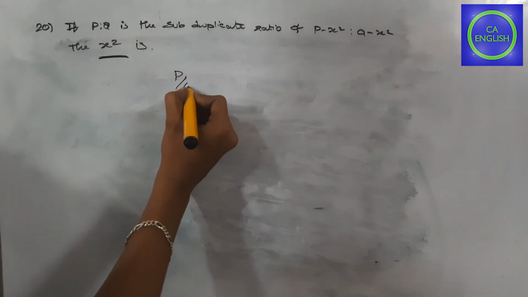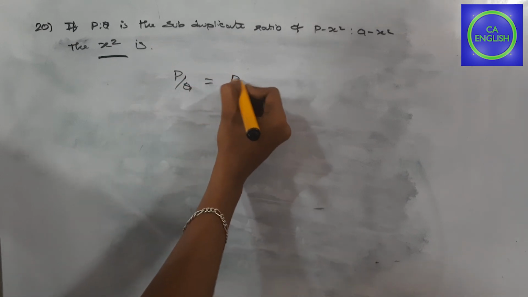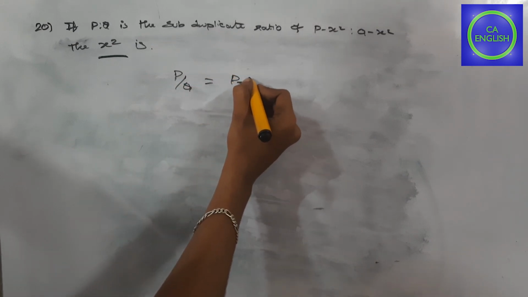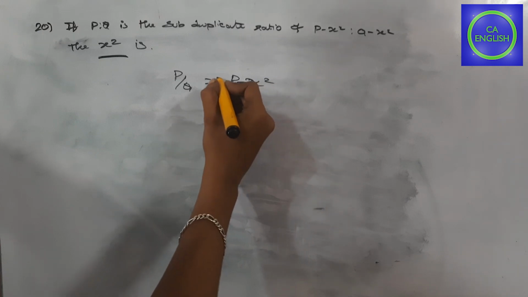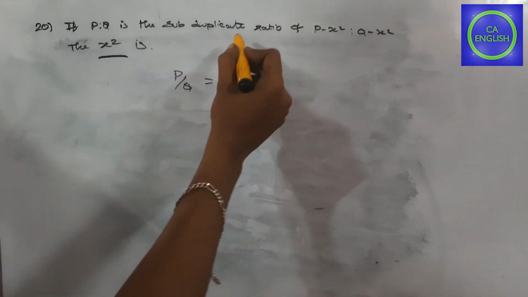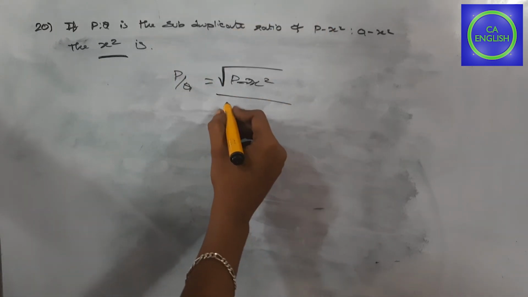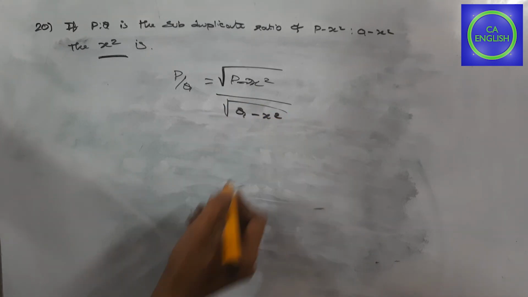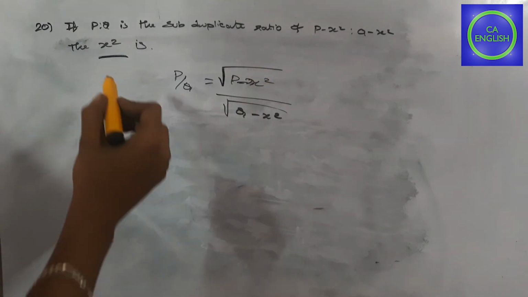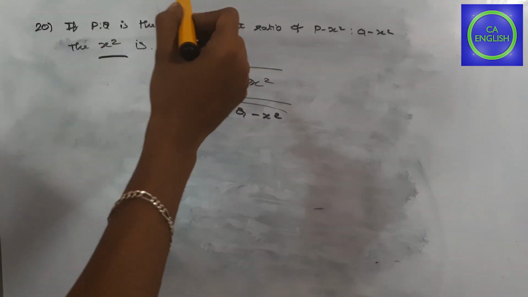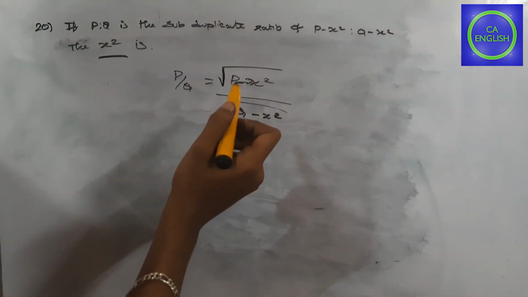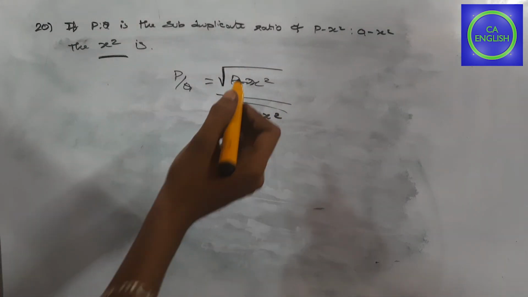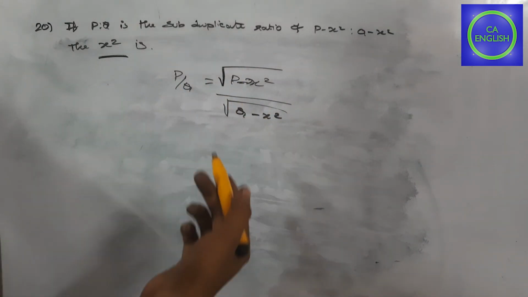P divided by Q equal to the square root of P minus x square, because it is a subduplicate ratio, over the square root of Q minus x square. Why we are putting root here is because the question says subduplicate ratio.